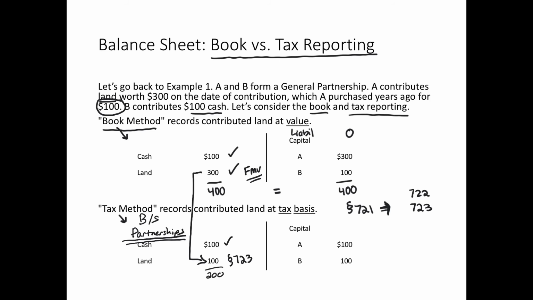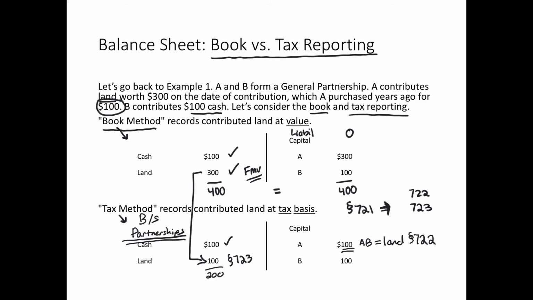In capital accounts, for capital accounting, A gets the adjusted basis, which A is contributing the land. So that's a carryover basis under Section 722. So that carries over. It's not the 300, it's the 100.